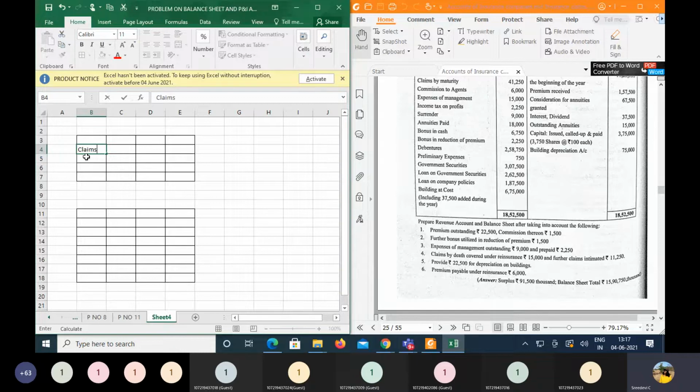I'm just writing the claims on the debit side and premiums on the credit side. I'm doing this in the horizontal form, children, not in the vertical form. So this is the debit, and this is the credit, and the table below is your balance sheet. So let us take this as liabilities, and this as assets, right? This is also in the horizontal form.